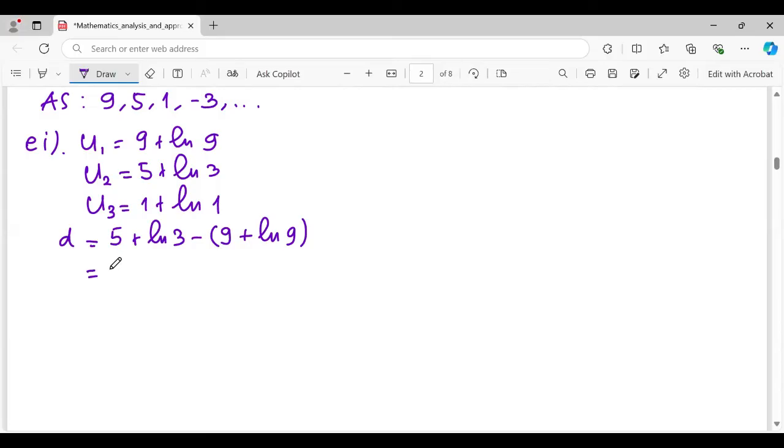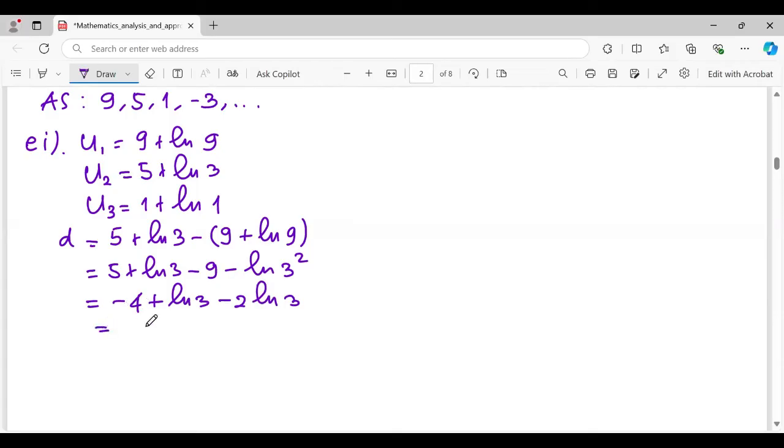So it's going to be 5 plus ln 3 minus 9 minus ln 3 squared. 5 minus 9 is minus 4, plus ln 3 minus 2 ln 3. And it is minus 4 minus ln 3. So this is the common difference.